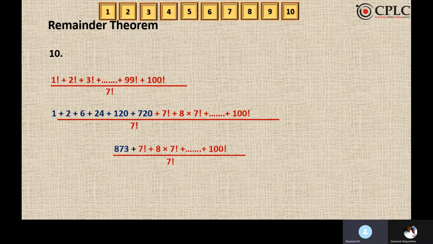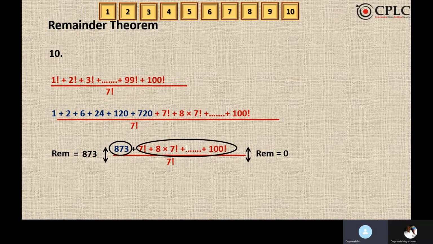So what that tells us is that from 7 factorial onwards, every number can be written as a multiple of 7 factorial. So you can take 7 factorial common out from those numbers. And when you divide that entire thing by 7 factorial, obviously the remainder for that case will be 0.